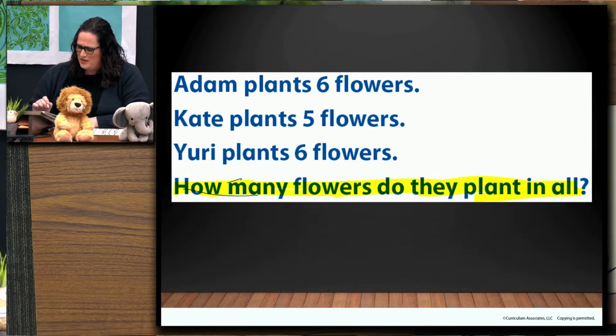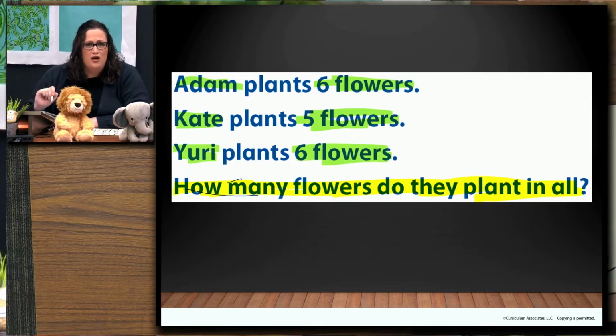What's the information we know? Yeah, we know Adam is going to have 6 flowers. Kate is going to have 5 flowers. Yuri is going to have 6 flowers. Now we need to draw a model. So let's draw a picture to figure out how many flowers they plant in all.